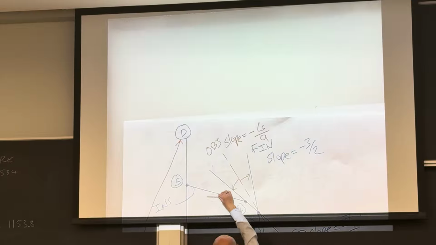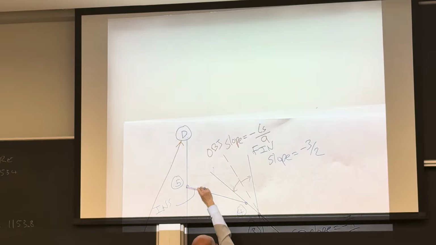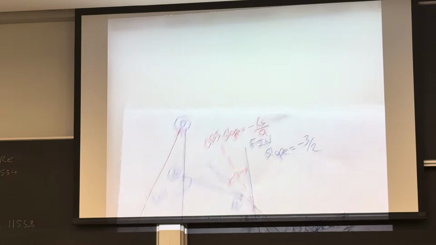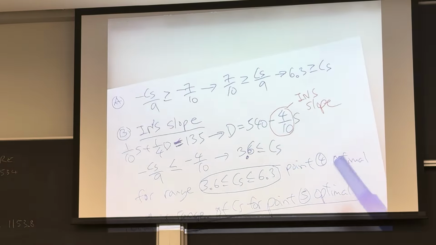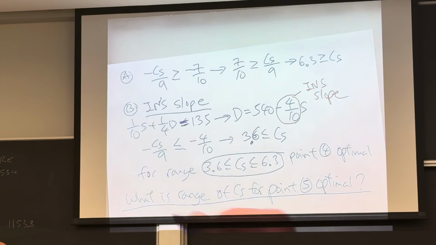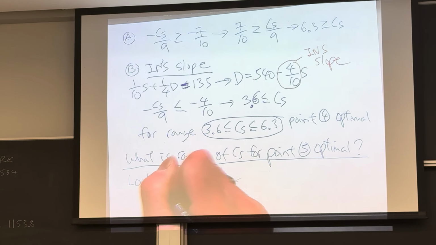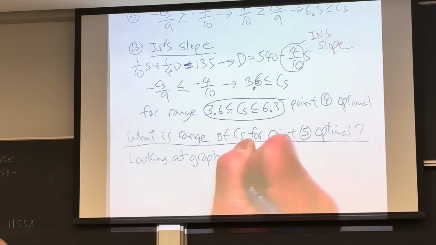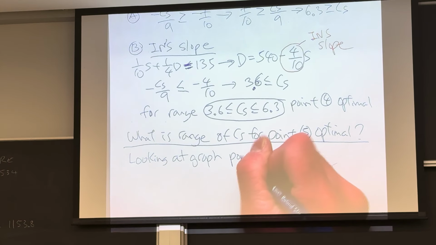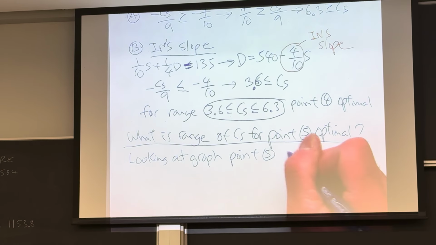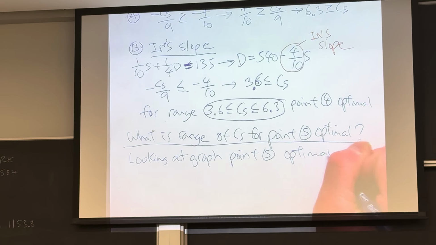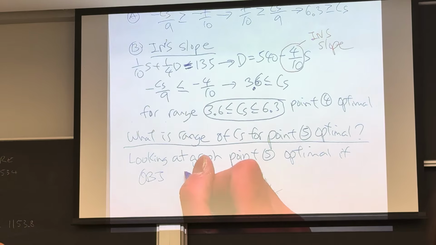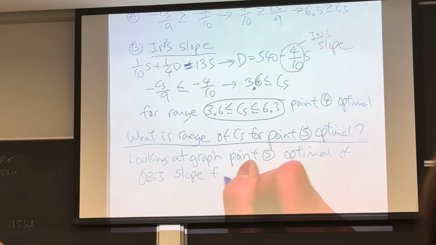So the objective has to be flatter than this inspection in order for this to be optimal. So once again, looking at the graph, 0.5 is optimal if the objective slope is flatter than INS.